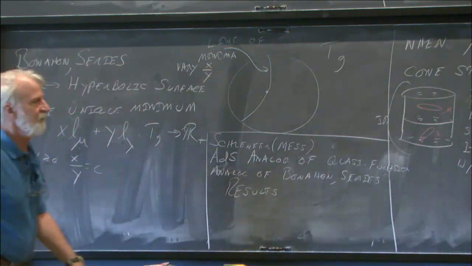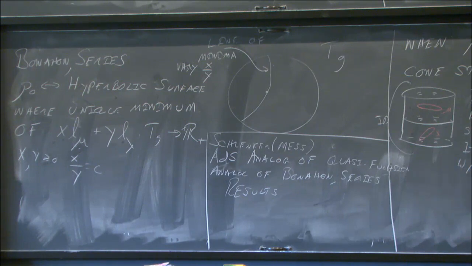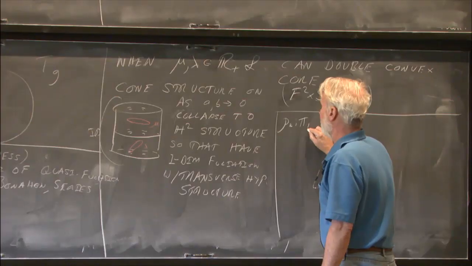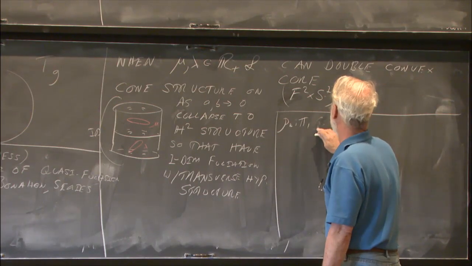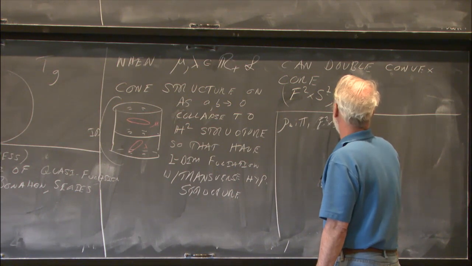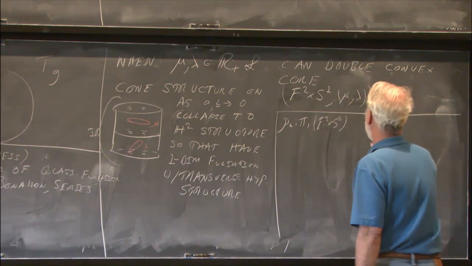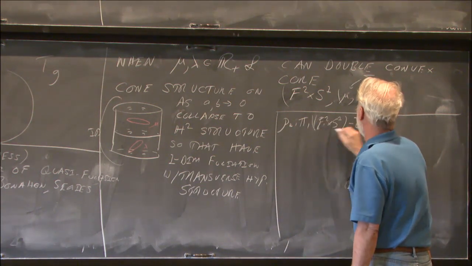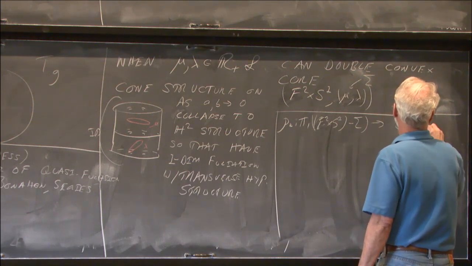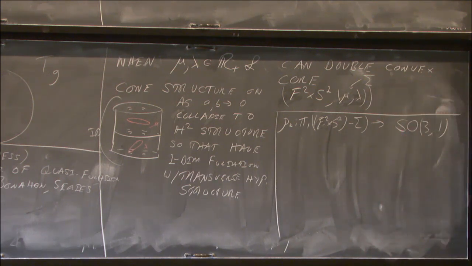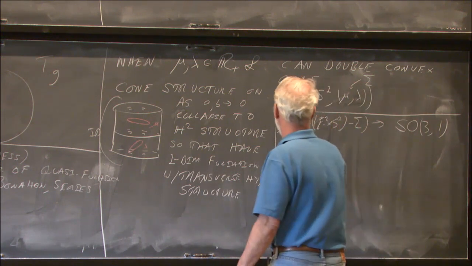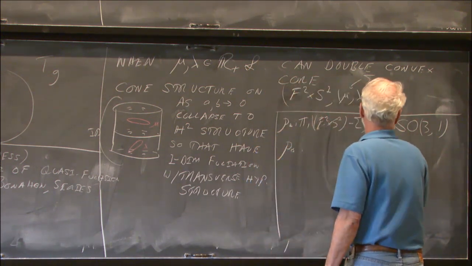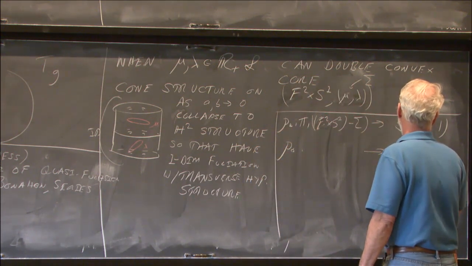So what's the isometry group? Let's think about this context here. We have a bunch of representations from pi 1 of F2 cross S1 minus, I'm going to call this a singular set here, into SO31. It collapsed down to something that went into SO21.